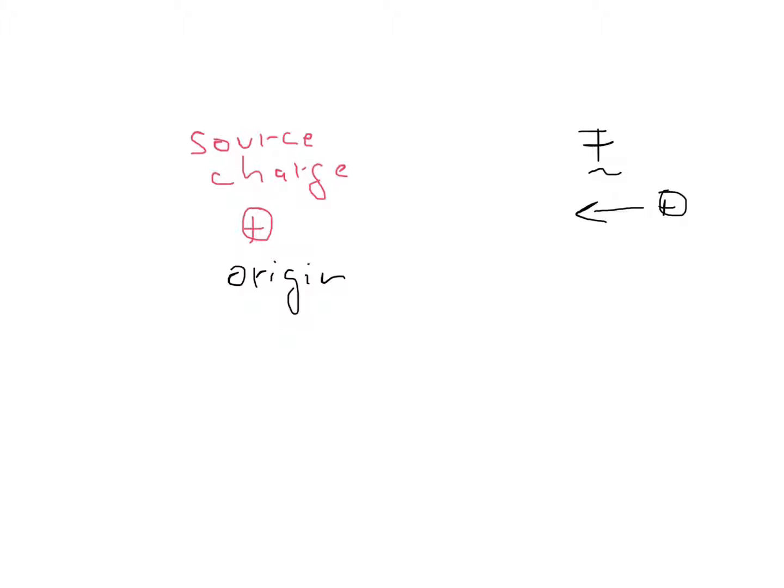That force is equal to Q times the electric field associated with the source charge, and Q is the magnitude of our test charge, and the source charge might have the magnitude Qs.